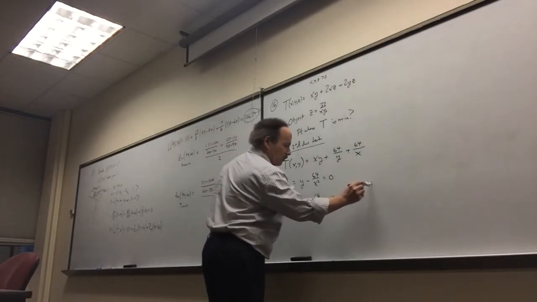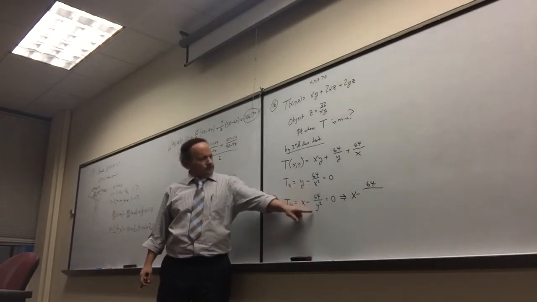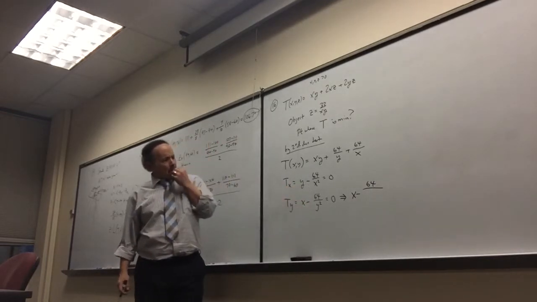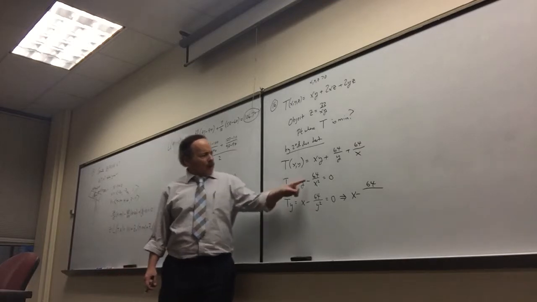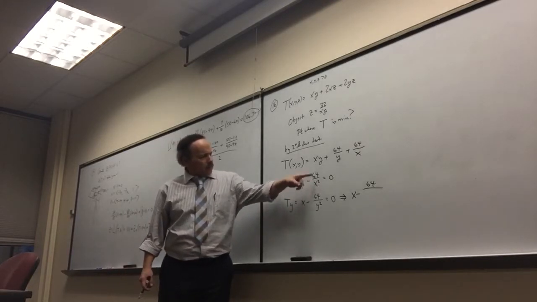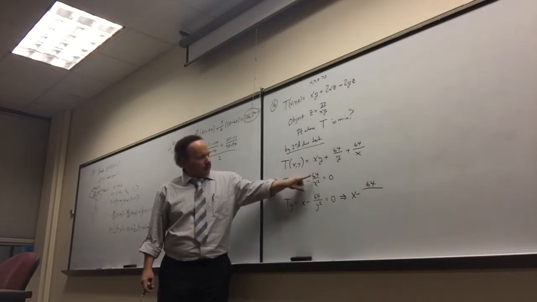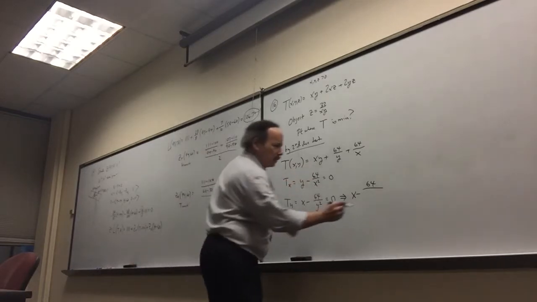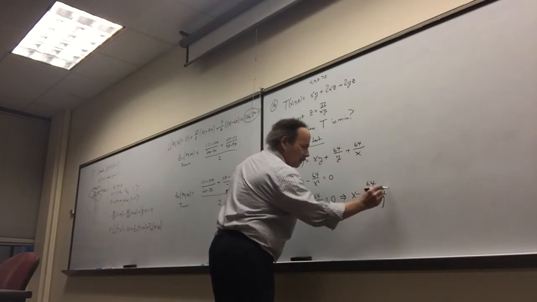X minus 64 over what? X minus 64 over y squared. So this would be squared, wouldn't it? Solving for y here, that has to be squared. And that's equal to 0.